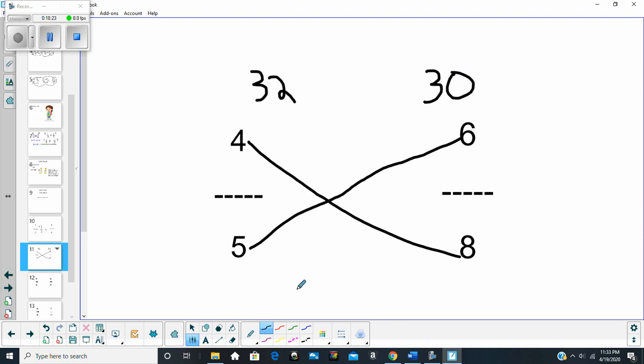Okay, good job. Roger cross multiplied and got 4 times 8 is 32 and 5 times 6 is 30. So therefore he knows that these fractions are not equivalent. Good job.